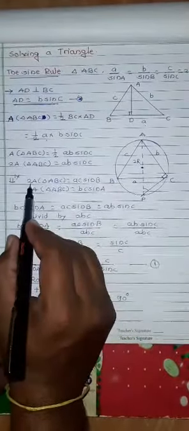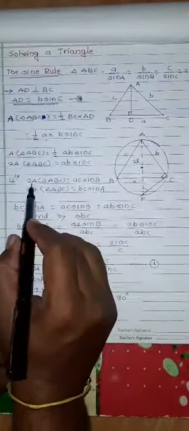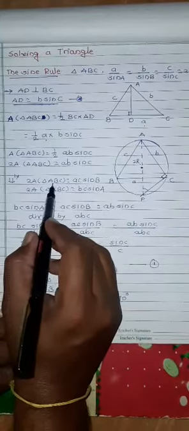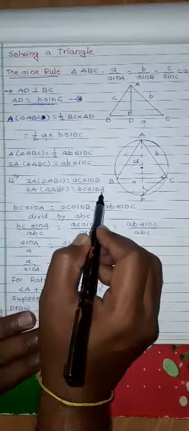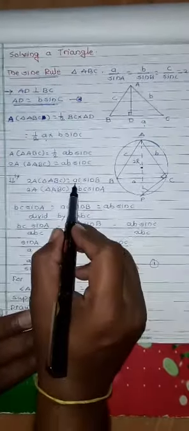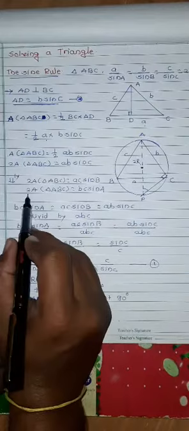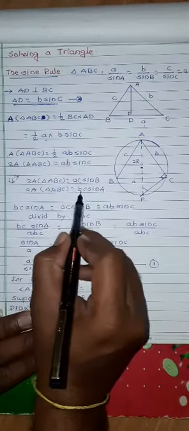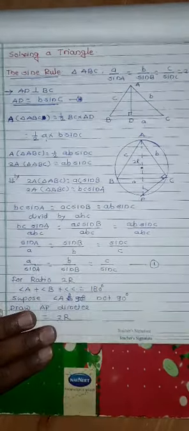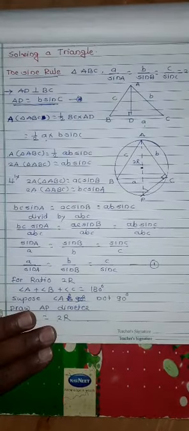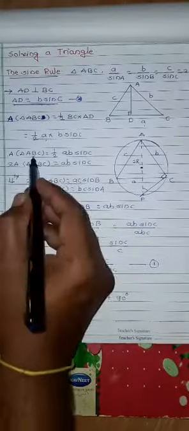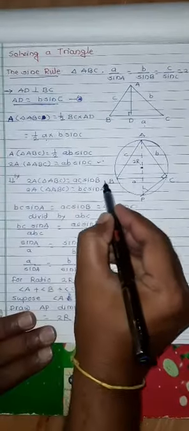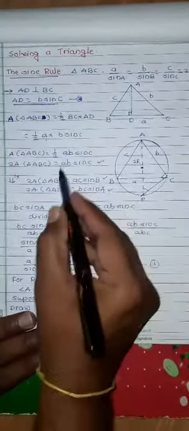Similarly, we write twice the area of triangle ABC in terms of angle B and angle A also: twice the area of triangle ABC is equal to a c sine of B, and twice the area of triangle ABC is equal to b c sine of A. The left-hand sides of these three equations are the same, so the right-hand sides are also the same.